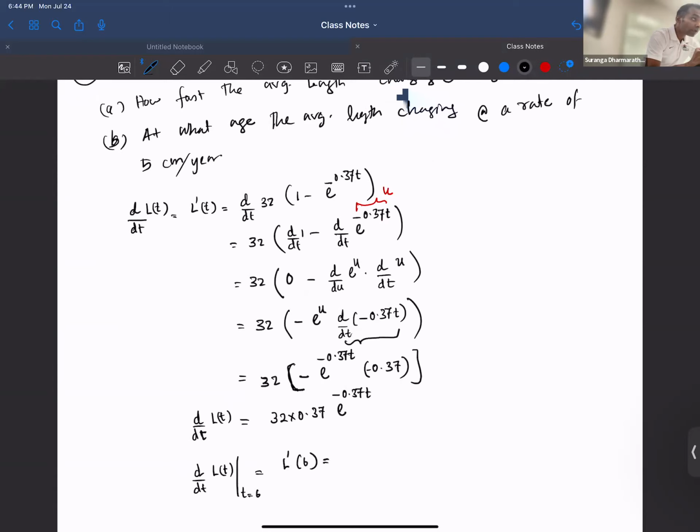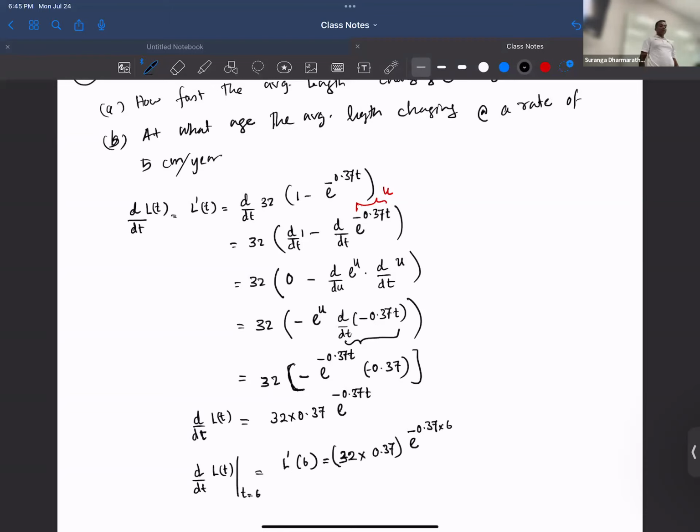Now what we need to find is d over dt of L(t) at t equals 6, also called L prime 6, which is 32 times 0.37 e to the power negative 0.37 times 6.